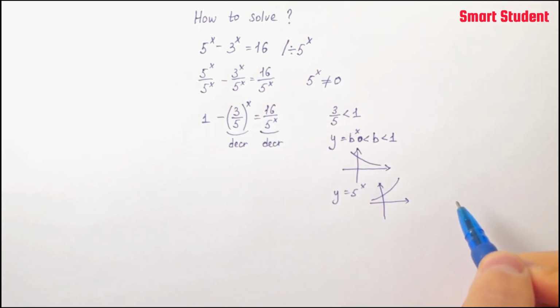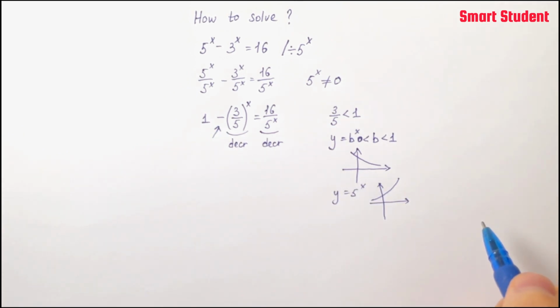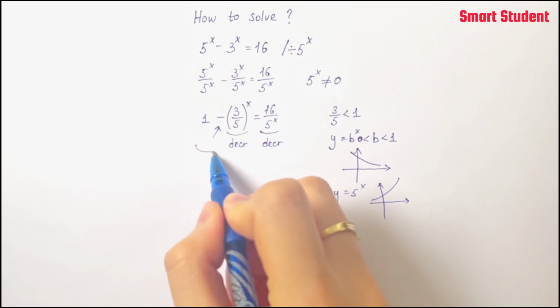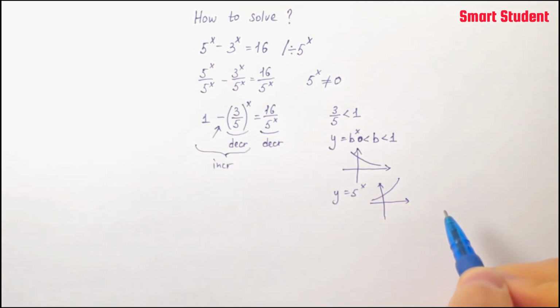And on the left-hand side, we're subtracting the decreasing function from 1. Now, notice the negative sign here. If you multiply a decreasing function by negative 1, it's going to be increasing because you're basically flipping it, right? So we have an increasing function, and plus 1 is not going to make any difference.